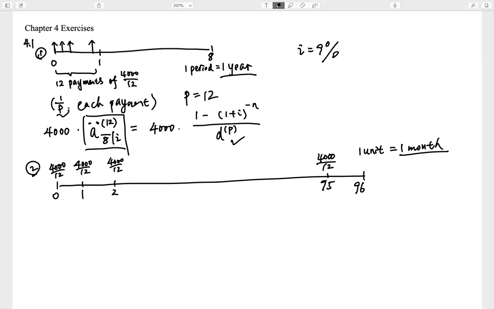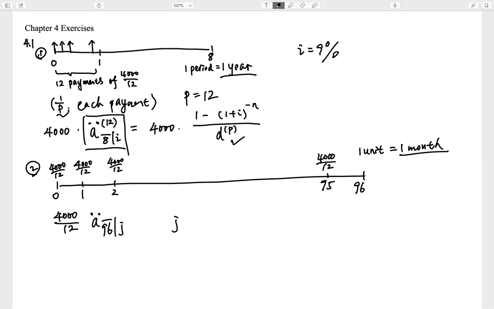So now what I want is 4,000 divided by 12 for each payment, because now I'm looking at each payment. This is a standard level annuity due for 96 periods. And I just need to know the effective interest rate per period.